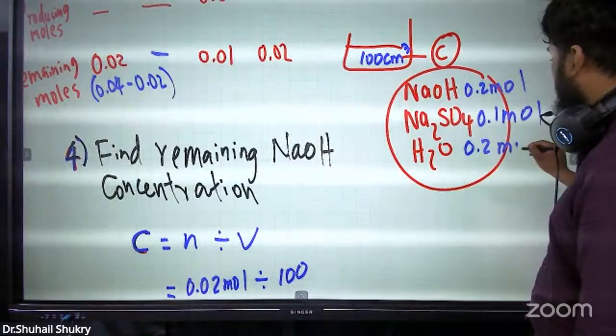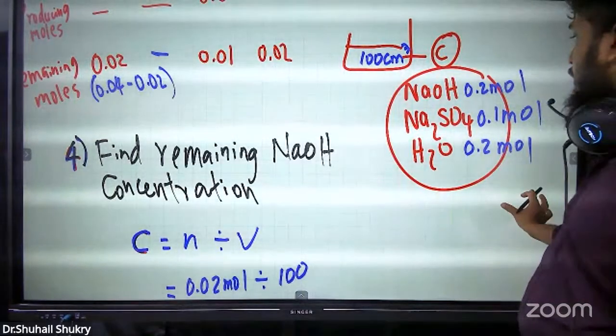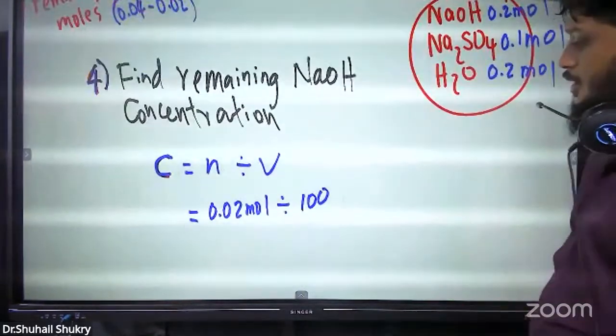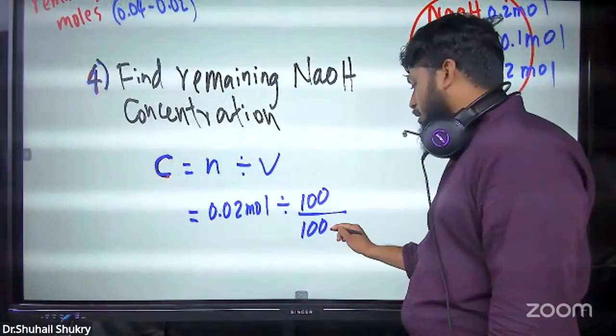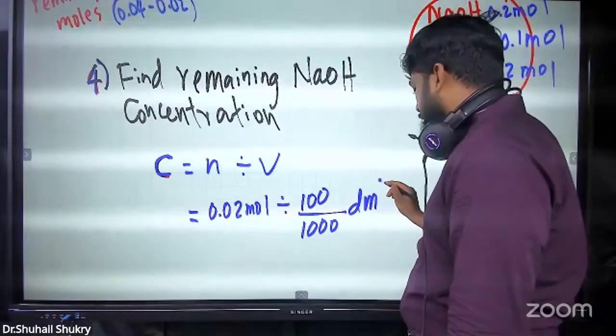This is the total number of moles from each item. H2SO4 went away. So this is 100 cm³, I have to convert to dm³, so I have to divide by 1000.